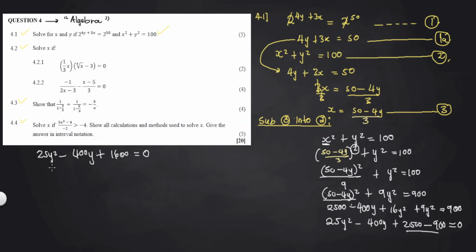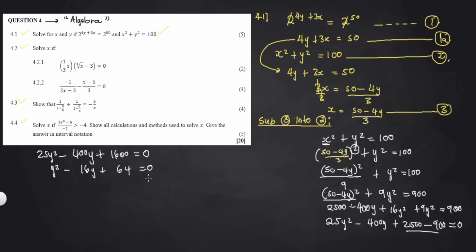Then we say divide everything by 25. Then 400 divided by 25 is 16y, and 1600 divided by 25 is 64, equal to 0. Then we must simplify this.